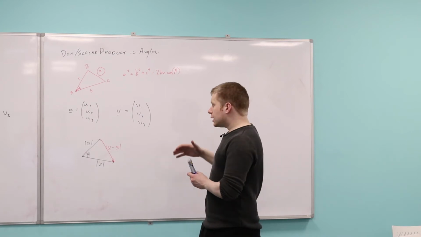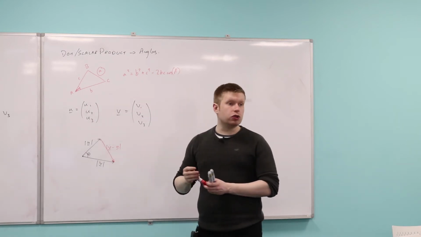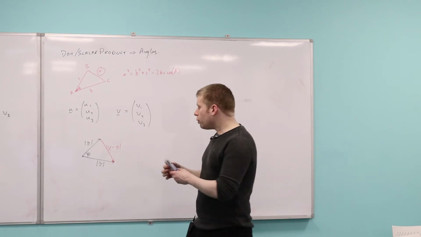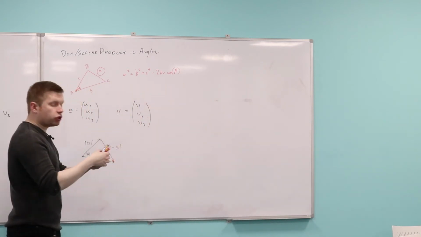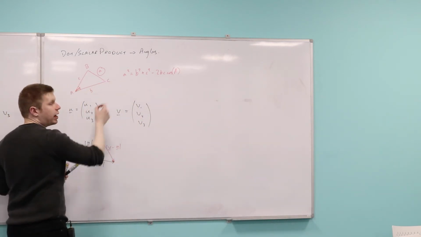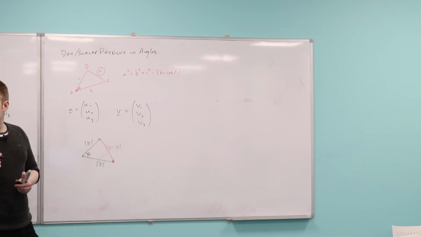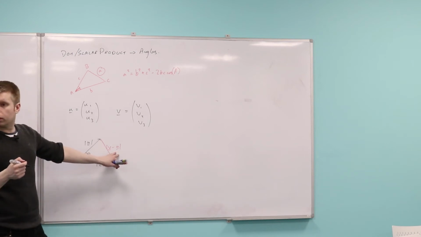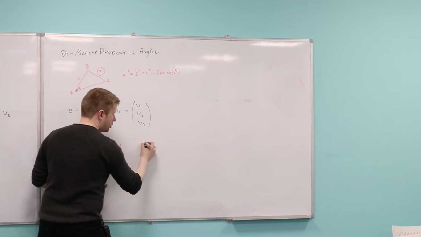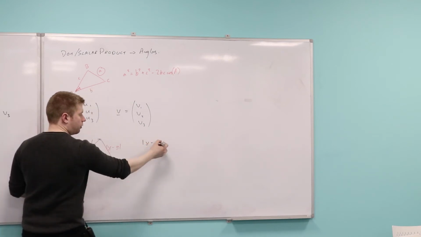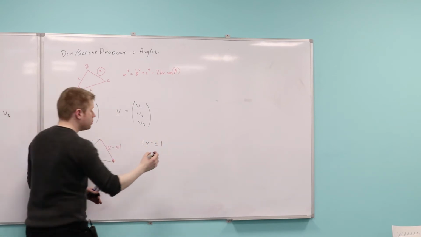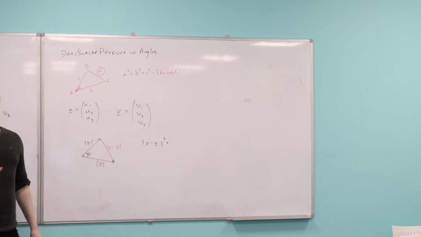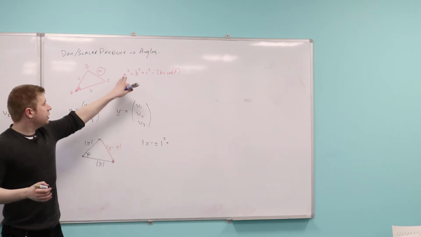So let's put all this into my cosine rule. What would I get if I put all of this into my cosine rule? What would my a squared correspond to? Yeah, that thing, v minus u. So the length of v minus u all squared. That's literally just replacing that side with that.